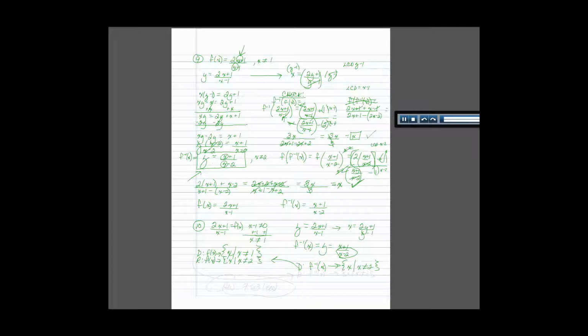Right? That's the domain of this one. The range of this one is the domain of that one. So the range of f inverse is the set of all x such that x cannot equal 1. So they're just opposites of each other.